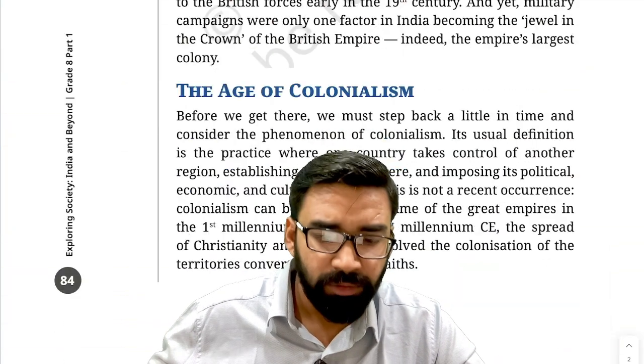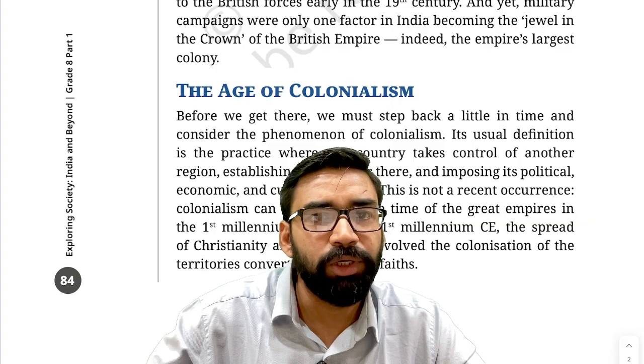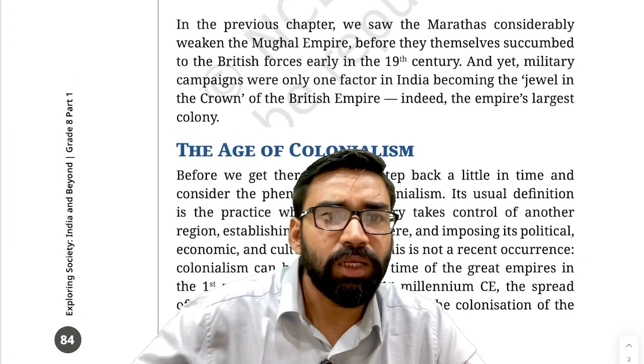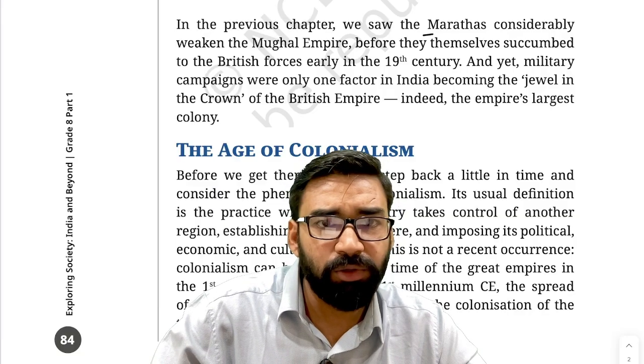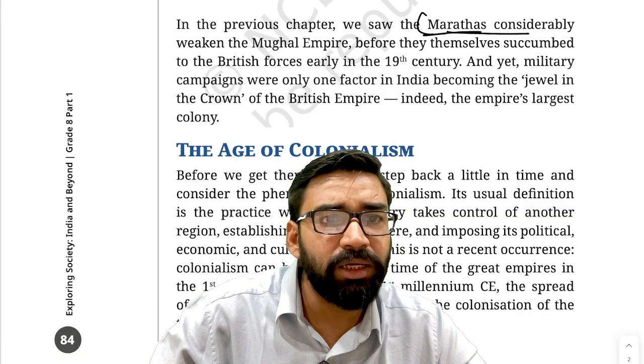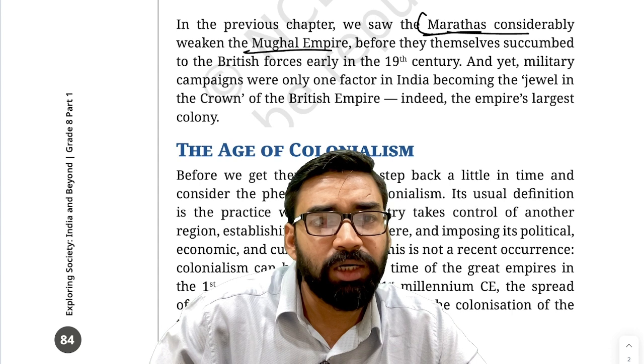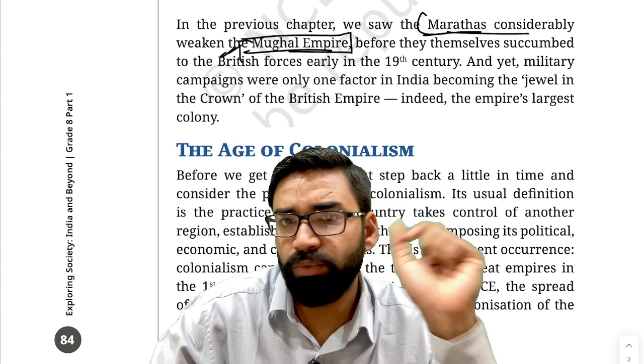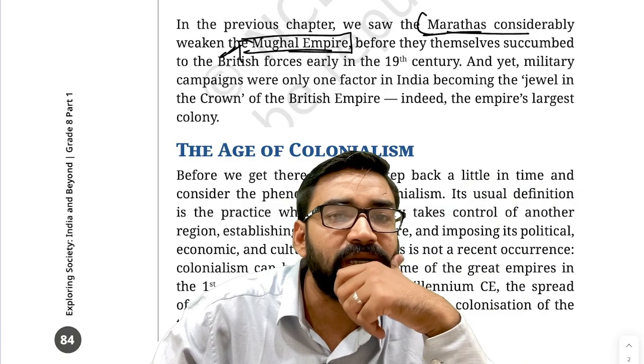First of all, we need to understand the age of colonialism. As I have said, in the previous chapter we talked about the Marathas. When the Marathas were rising, the Mughal Empire started weakening. That is related to modern India only, from where modern India starts.